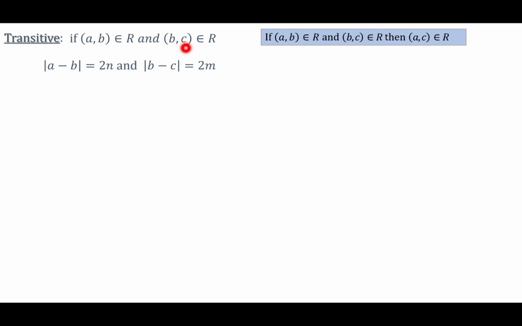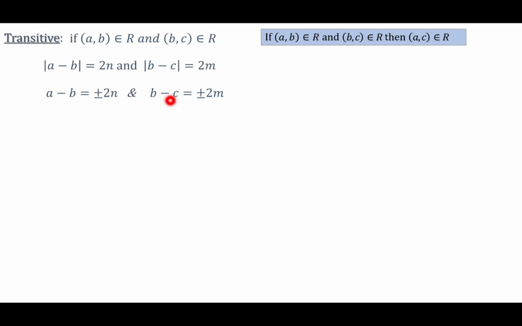And if (b, c) belongs to R, which means |b - c| is equal to 2m, for some m, n belonging to the positive integers. If I remove the modulus, this 2n will be positive or negative, and 2m will be positive or negative.